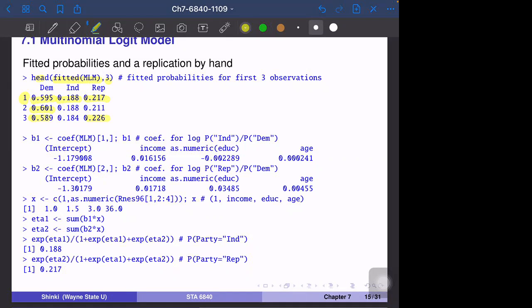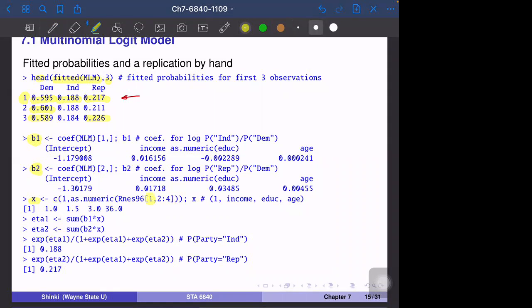You can also compute these by using the definition of the multinomial logit model. At first we extract the coefficients b1 and b2, which we studied in the previous slide. Then to calculate the fitted probability, we use the x values.